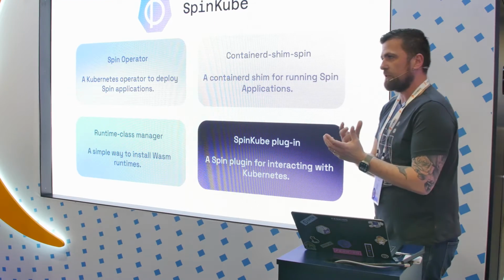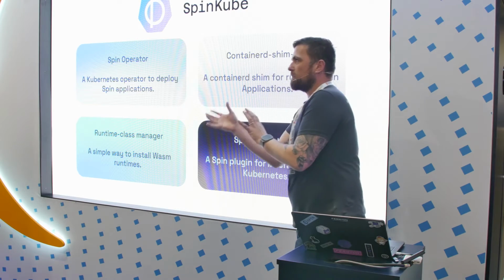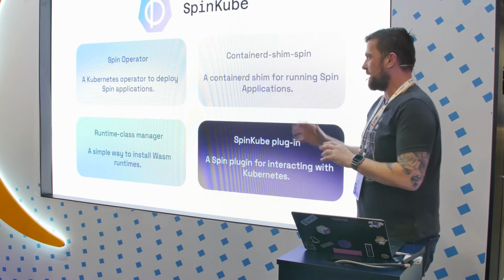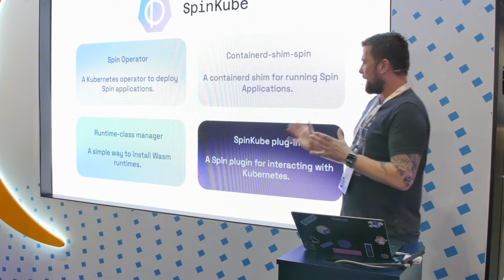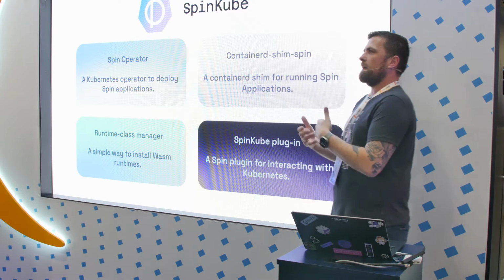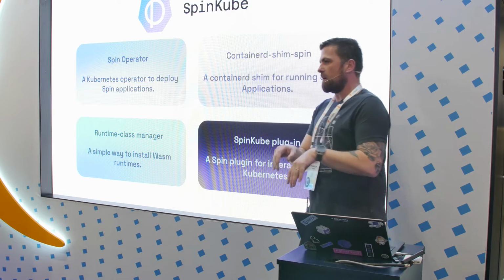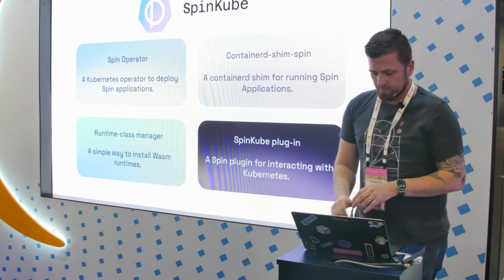So this allows you also to have different isolation barriers like namespaces for teams or for different products that you want to run on your cluster. Last but not least, there is a plugin for the developer tool, the Spin CLI, to streamline manifest scaffolding so that you don't have to write a YAML manually in order to get your app into the cluster.